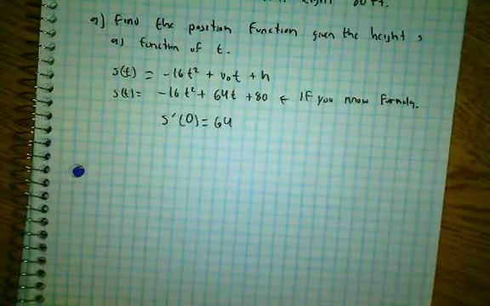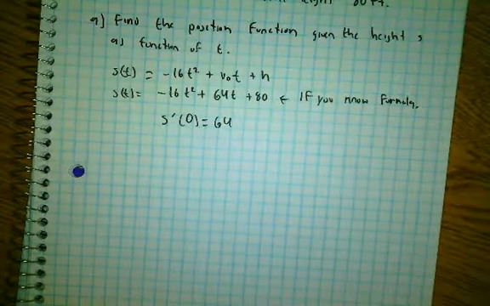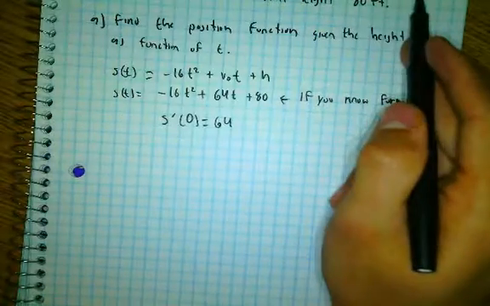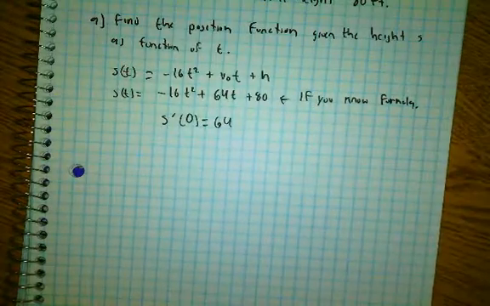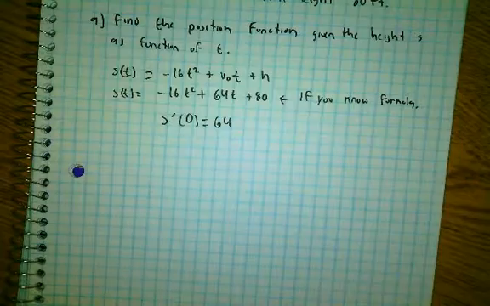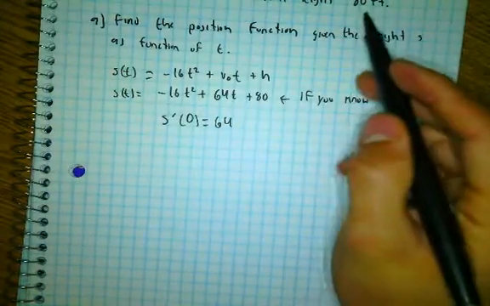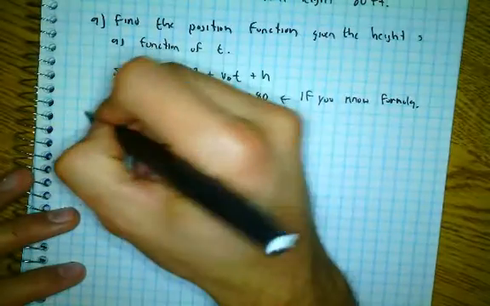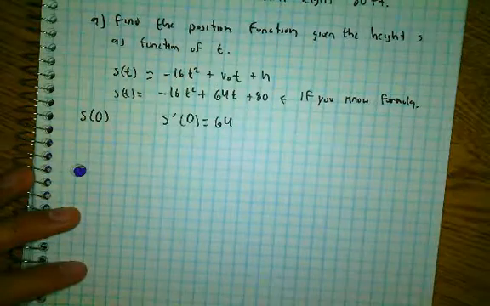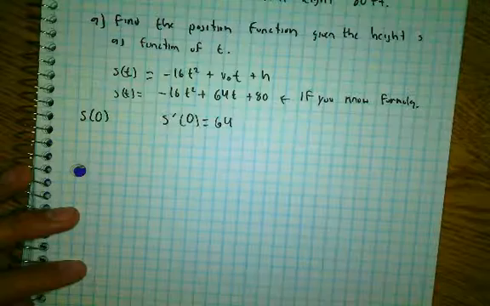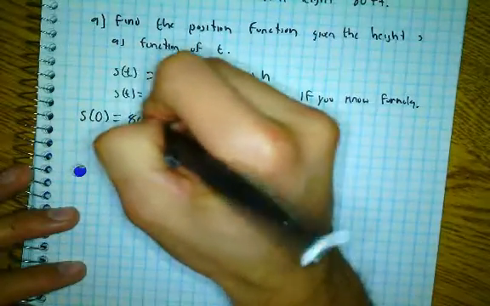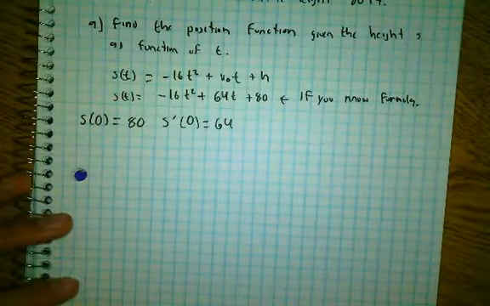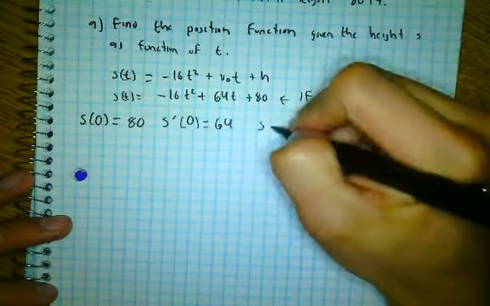And even though this is not written in the problem, you actually know s double prime at any value t is negative 32, because we're on Earth, right? Gravity. So the acceleration. Do you guys agree with this? Do you guys understand where all this information came from? Do you understand why it's just t rather than 0? The acceleration is going to be the same at any given point. Alright? Are we okay with that?